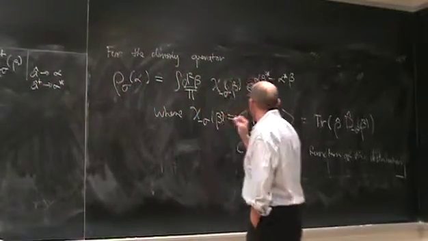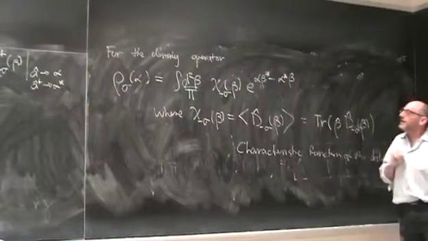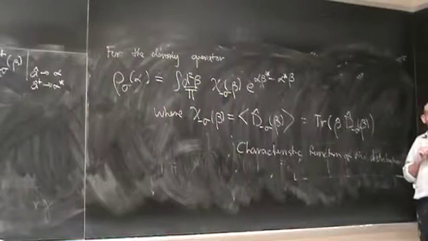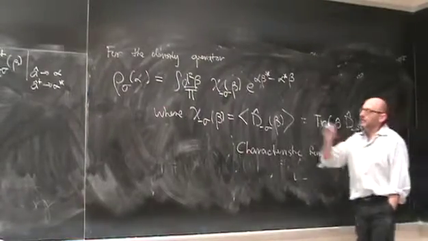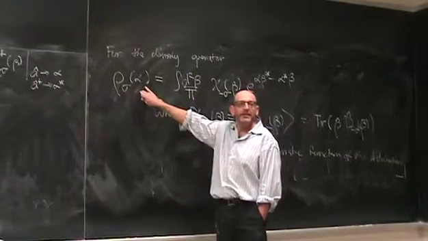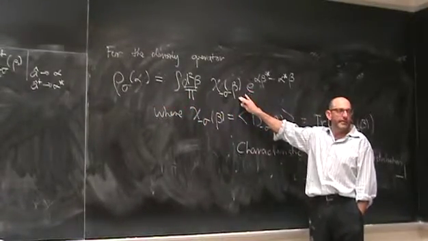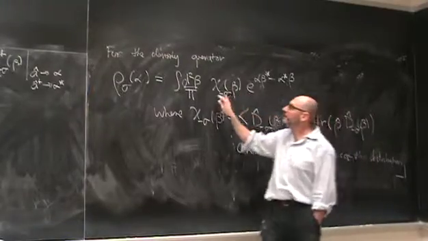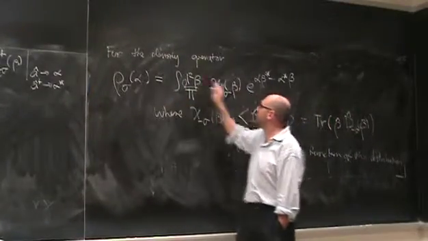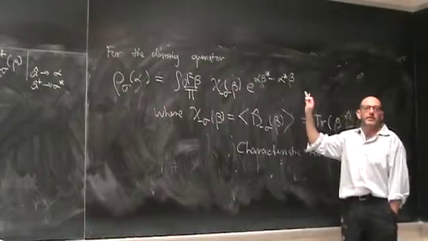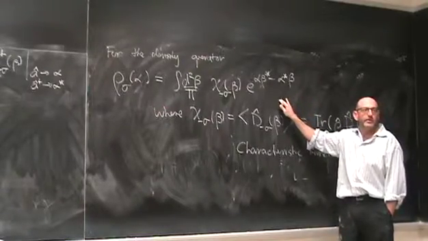Okay, so I have my rho, and just as in the classical theory, we have the distribution function on the phase space and the characteristic function on the phase space. The characteristic function and the distribution function are conjugates, according to the Fourier transform.